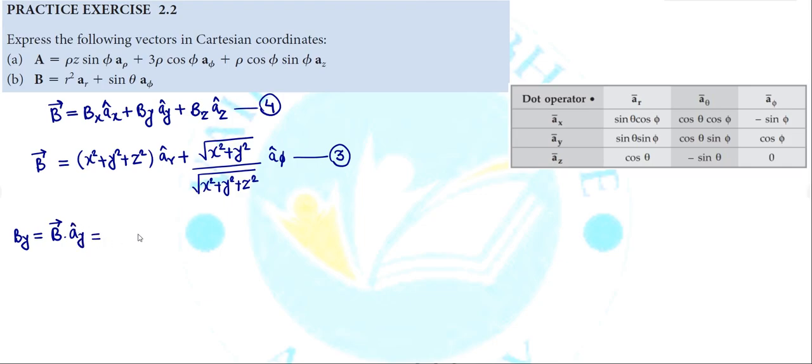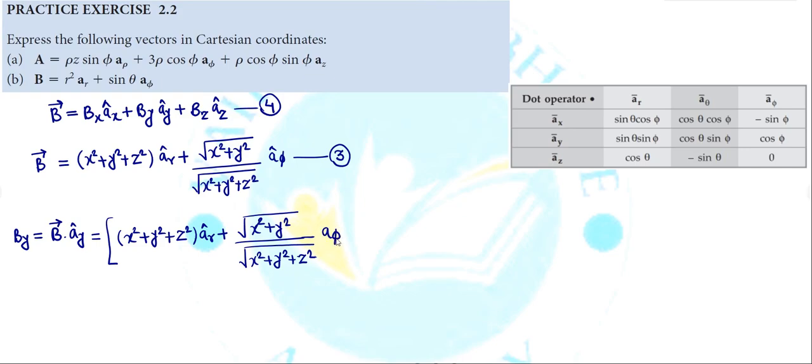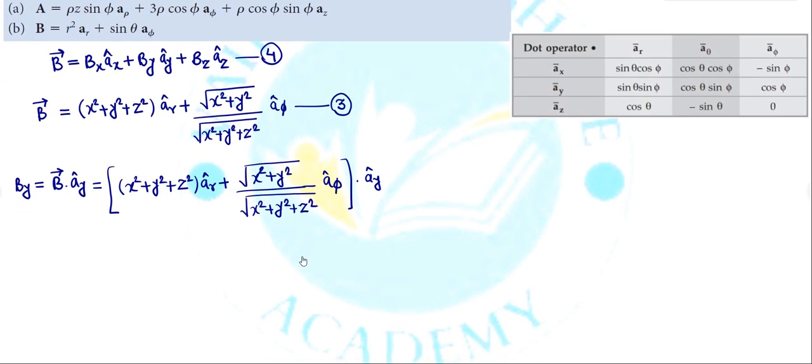Okay, now what is that vector B that we have from equation 3, which is x square plus y square plus z square ar cap plus square root of x square plus y square divided by square root of x square plus y square plus z square having a phi component over here, and we have to take its dot product with respect to Ay. Okay, so we are going to take that dot product.